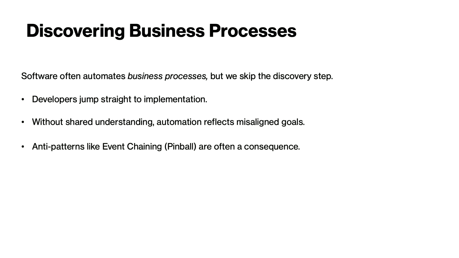And the consequences can be bad. Things like event chaining and pinball are often consequences of us failing to think about processes when we do our work. So discovery is a really important step. It helps us start thinking about the world of business processes that we're automating, rather than the world of things, if you like.